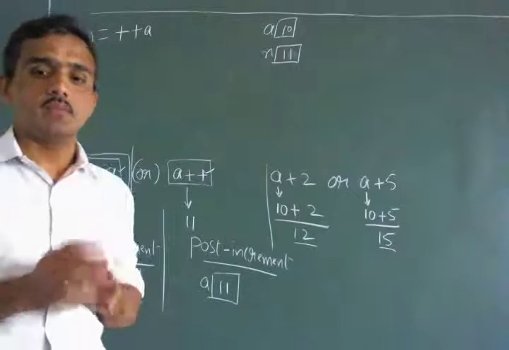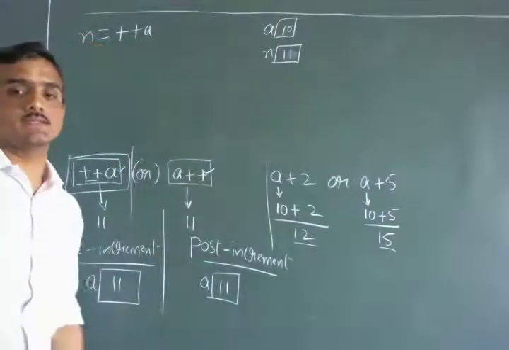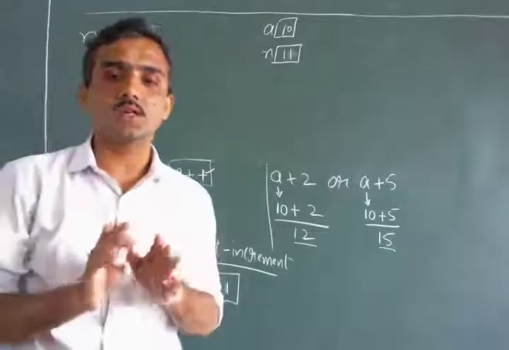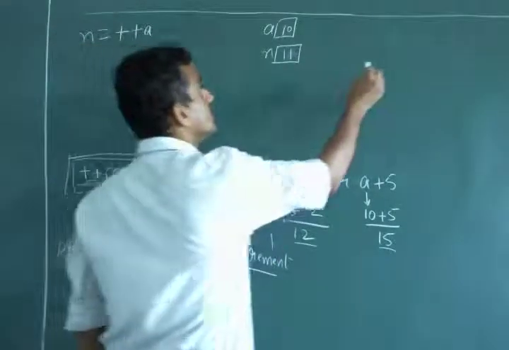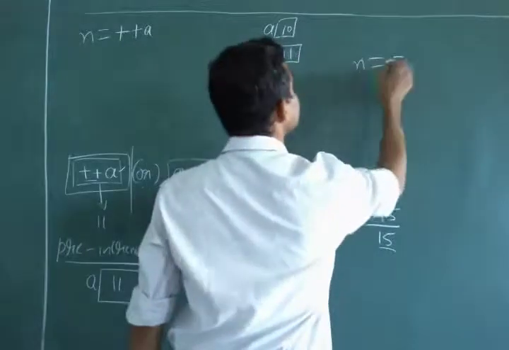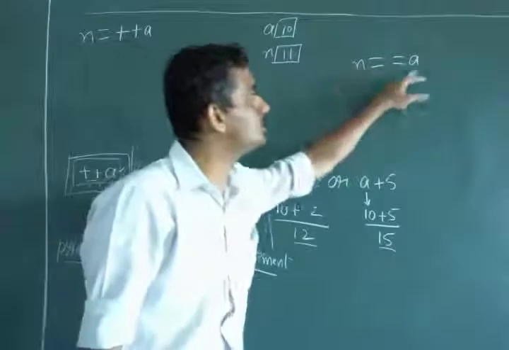Now, remember, whenever we are using this equals to sign, don't substitute in the LHS. Whenever we are using only one equals to sign, don't substitute in the LHS. When we are using two equals to signs, if I say n is equals equals to a, then you can substitute on both sides.